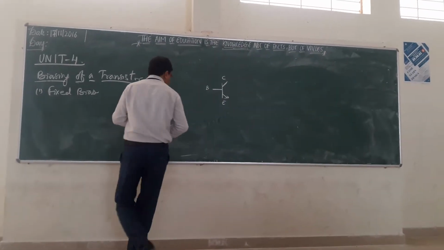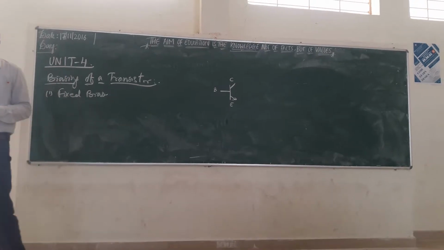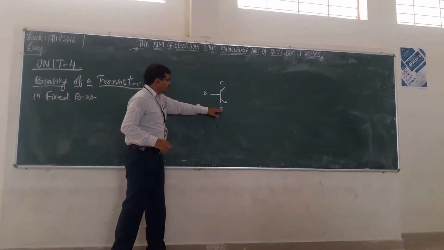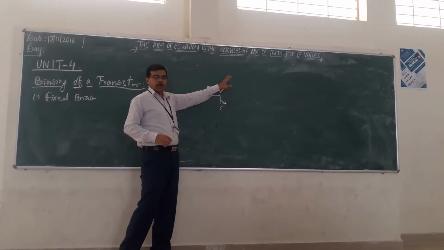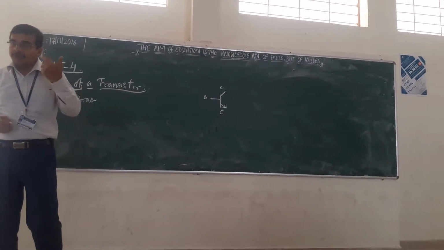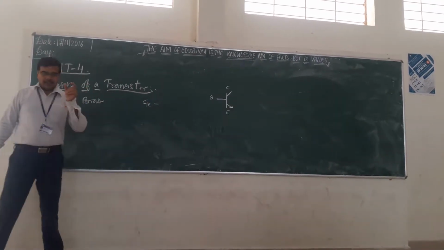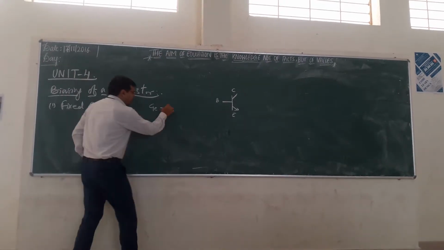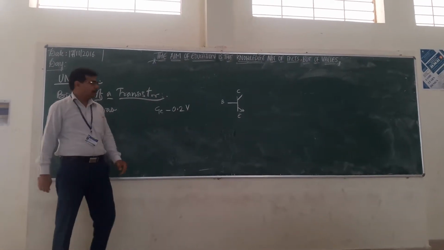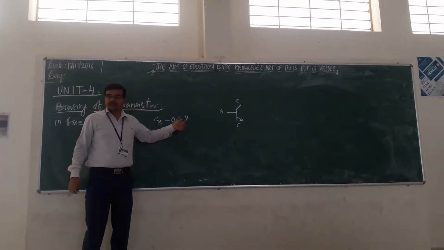Next, suppose we take the example of an NPN transistor. In an NPN transistor, you have the emitter, base, and this is your collector. In the case of germanium, the voltage between base and emitter is 0.2 volts.